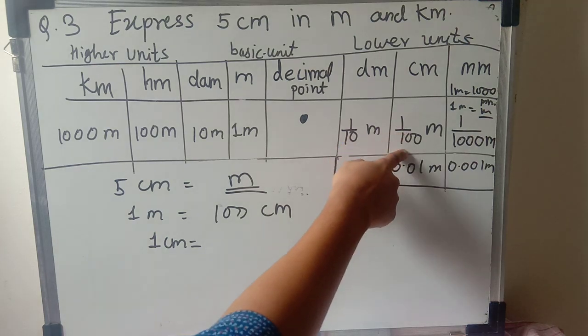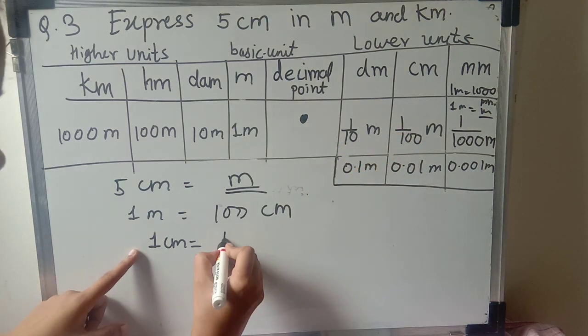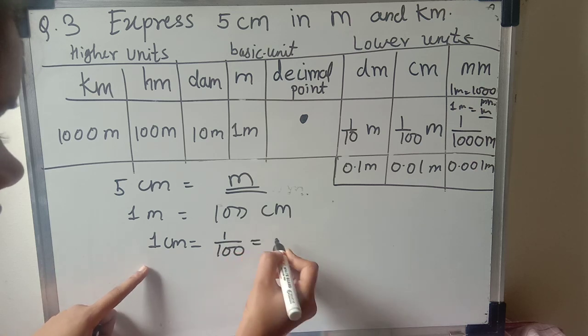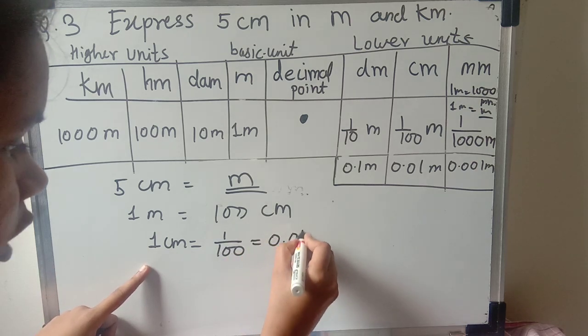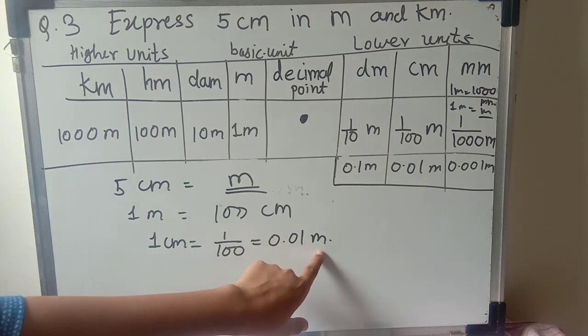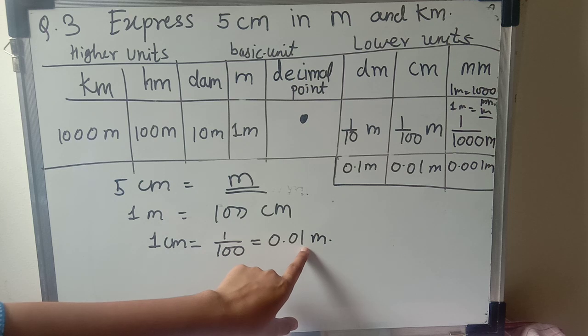For that we have to divide 1 by 100, and that is 0.01 meter. Okay, so the value of 1 centimeter in meter is 0.01 meter.